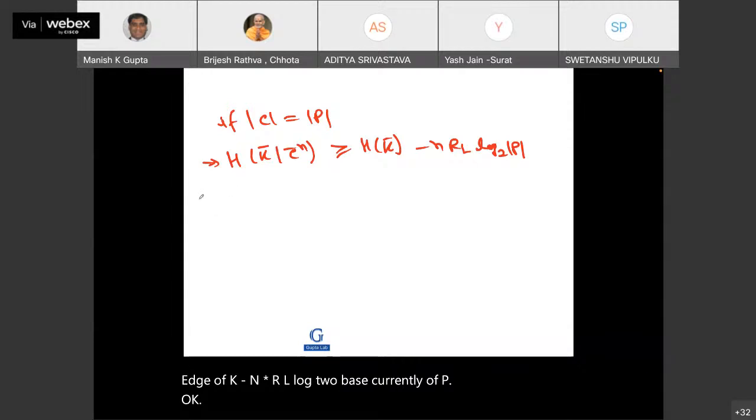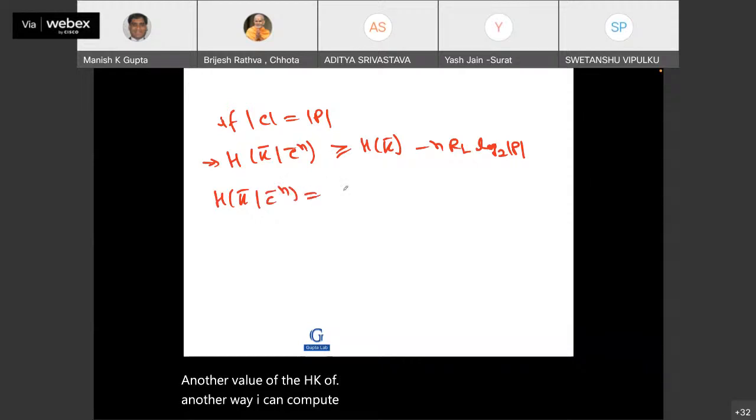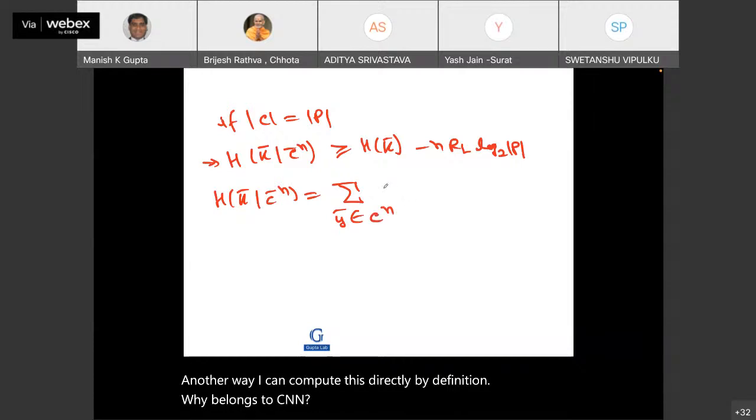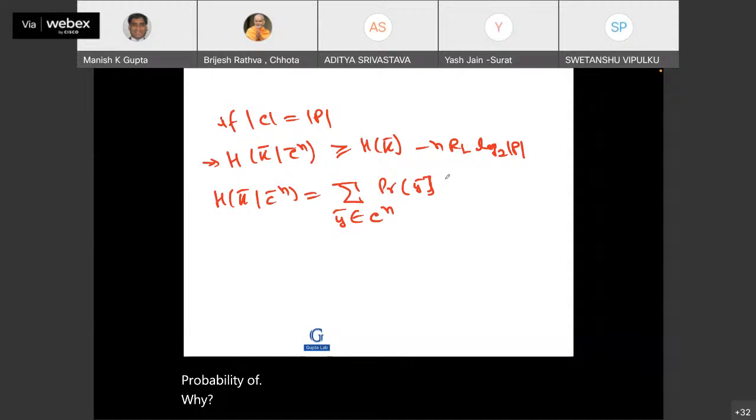Now I can compute another value of H of K given Cn in another way. I can compute this directly by definition: the summation over y belonging to Cn of the probability of y times H of K given y.